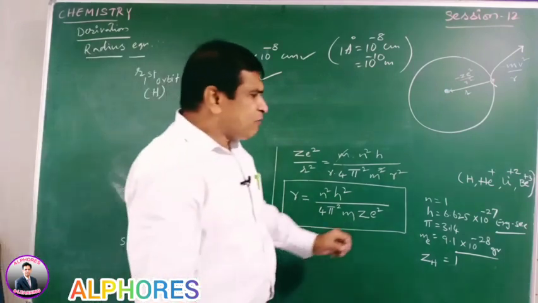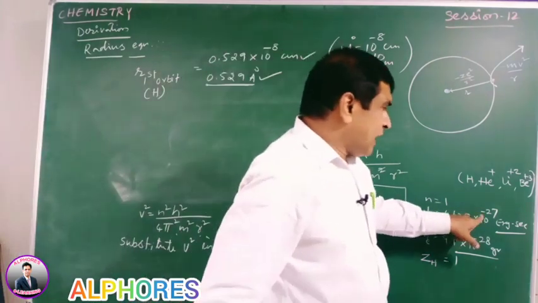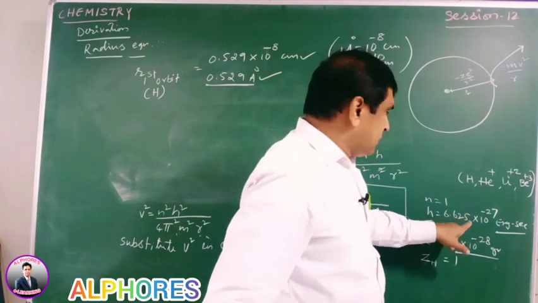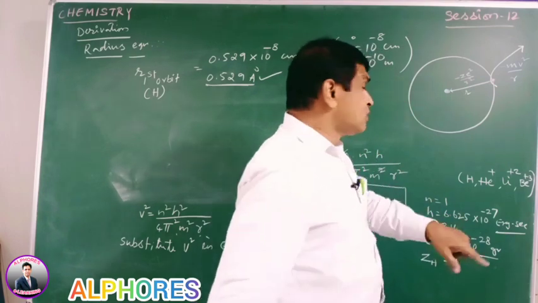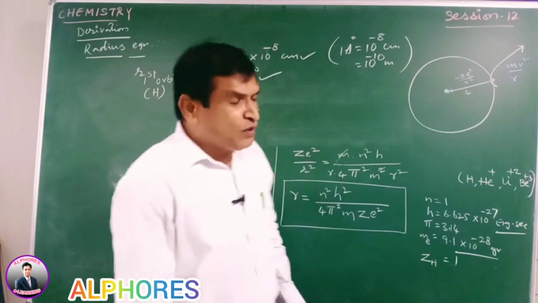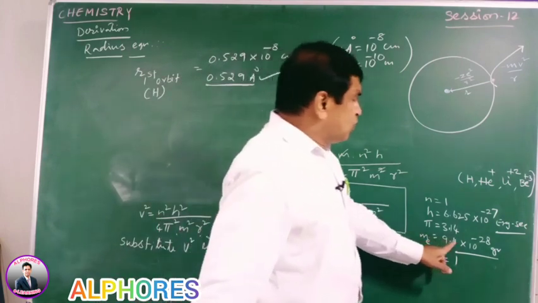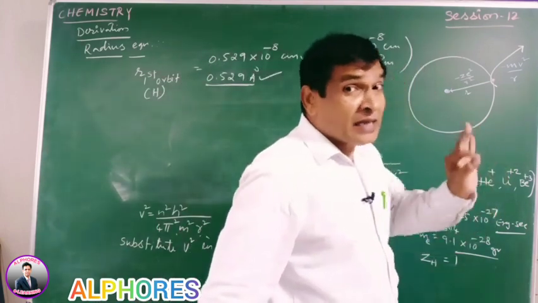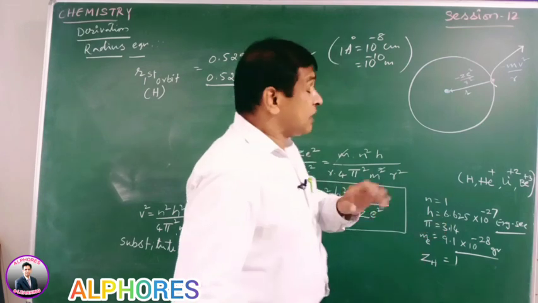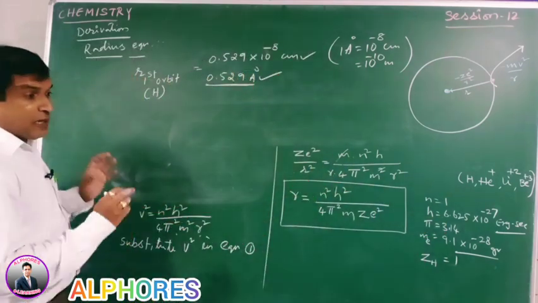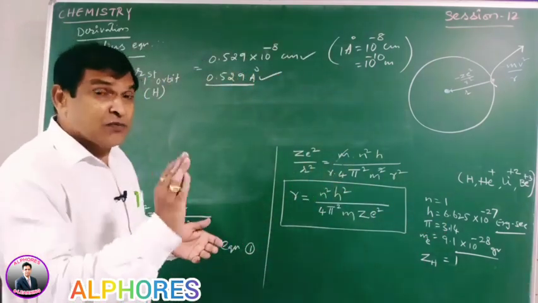Suppose we consider Planck's constant as 6.625 into 10 to the power minus 34 joule second, and the mass of the electron as 9.1 into 10 to the power minus 31 kilograms, in SI units.